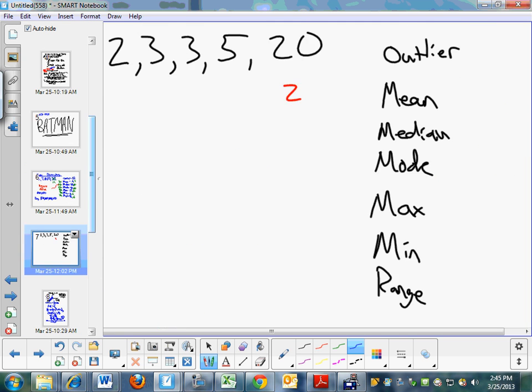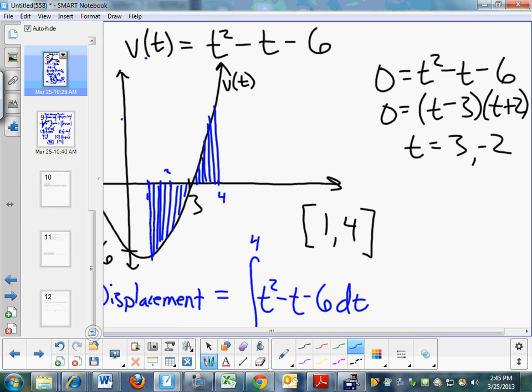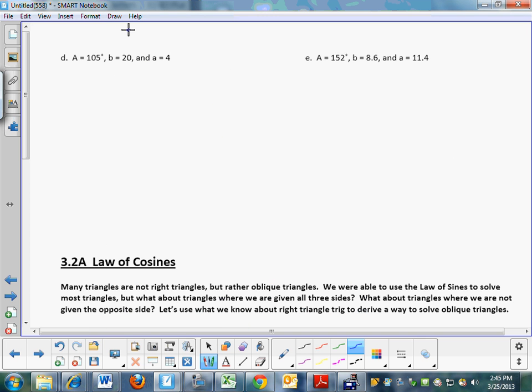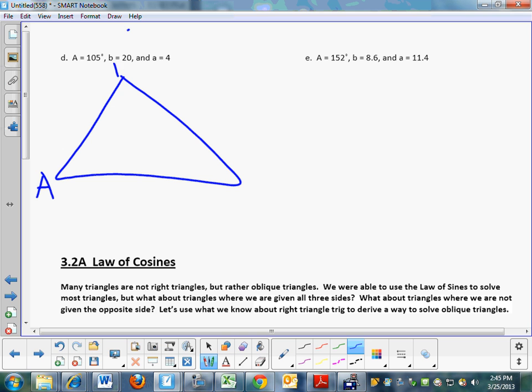Flip your page over just so I can see what's there. Whoa, we did some calculus there. Oh, okay, really quick, watch this. This takes no time at all. A, B, C. You have A is 105 degrees, B is 20, and a is 4.